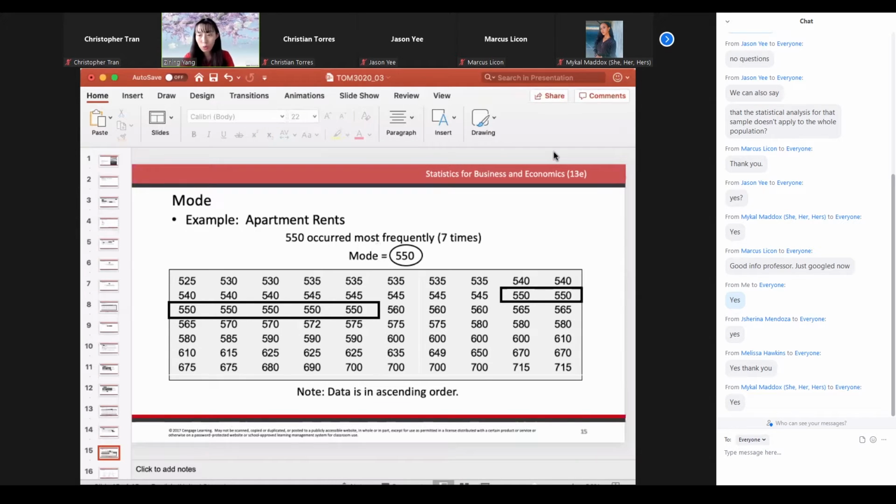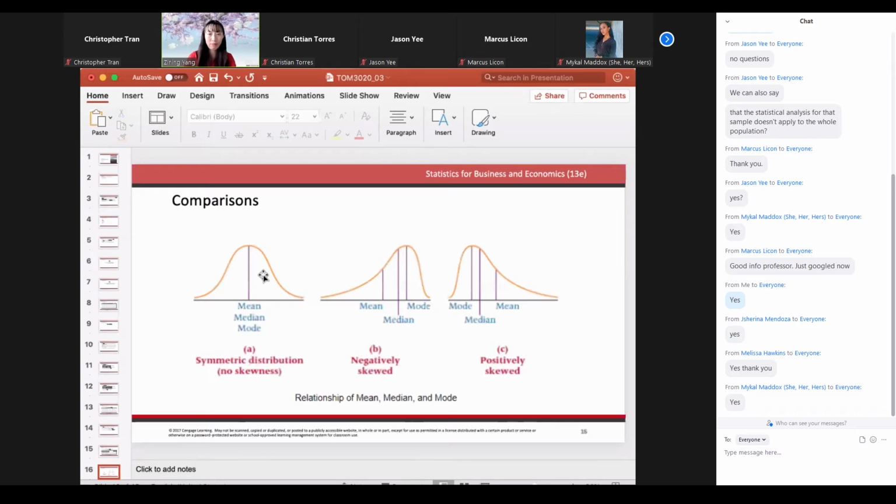I will show you one summary slide on the relationship between the three measures. What you see, those three curves, are typically what we call distributions. If you recall the histogram we saw two weeks ago, it described the same information. The height of the bar in the histogram and the height of the curve here represent relative frequency.